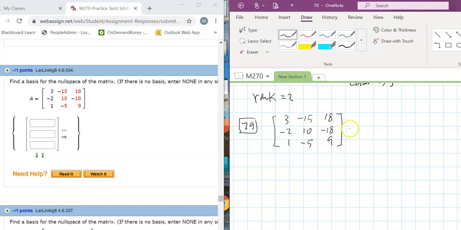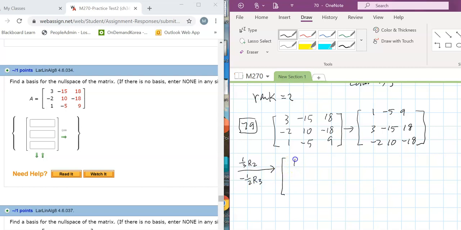So 1, negative 5, 9. 3, negative 15, 18. Negative 2, 10, negative 18. Well, 1/3 of row 2, and negative 1/2 of row 3. 1, negative 5, 9. 1, negative 5 and 6.